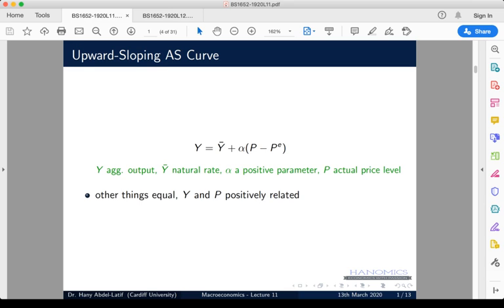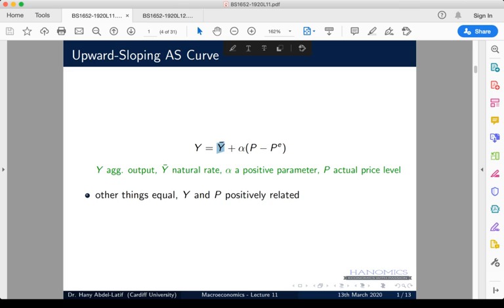In this case, the aggregate supply curve is a relationship between output, as you see on the left-hand side, and on the right-hand side, the difference between the actual price level P and the expected price level P^E, and it also depends on Y bar, which is the full employment output level.